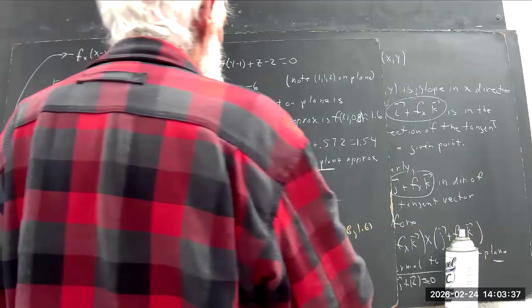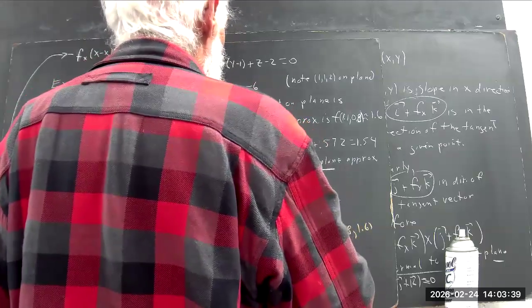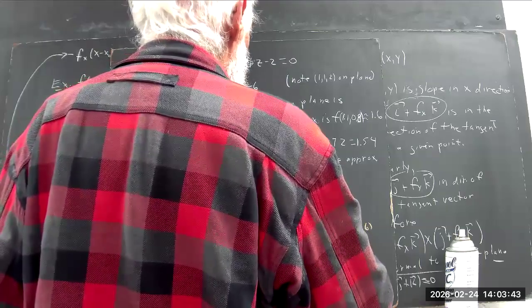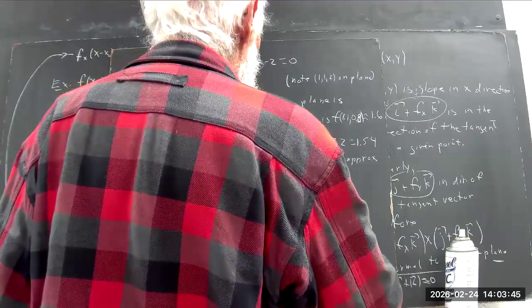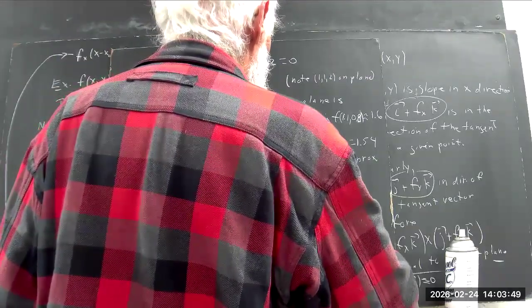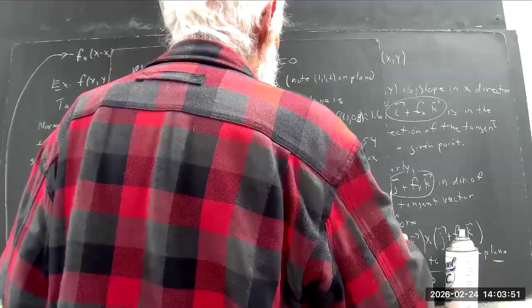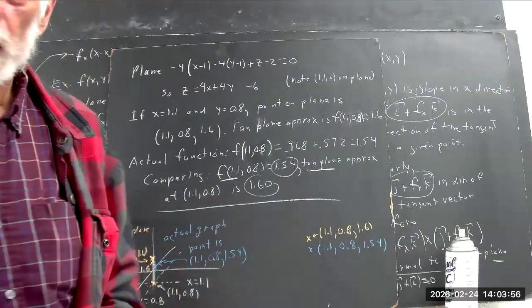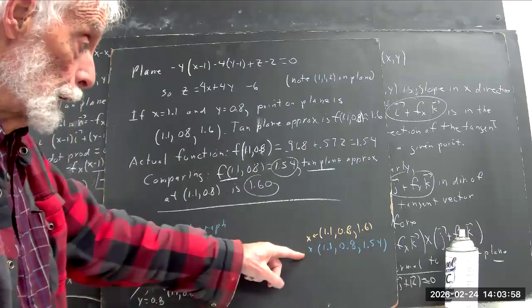Here, directly below it, is the point 1.1, 0.8, 1.54. It's 0.06 units below. This is on the actual graph.